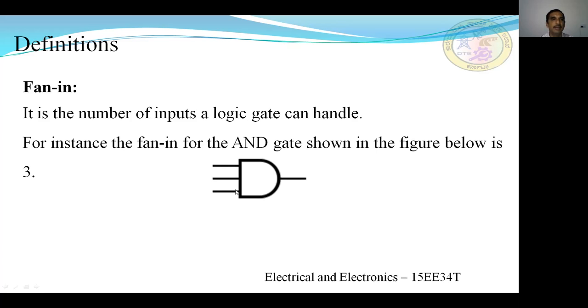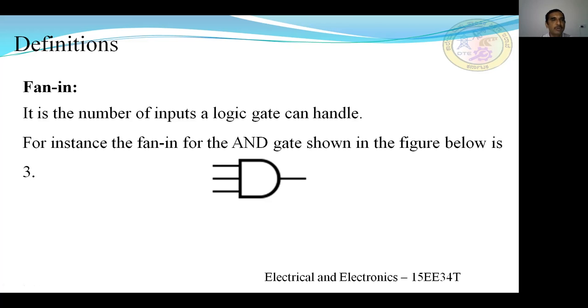That's why we can calculate the fan in for this AND gate as 3. So this is the fan in concept. Wherever you see the fan in, it should come to your mind that the gate can handle that many inputs. That is the basic funda.